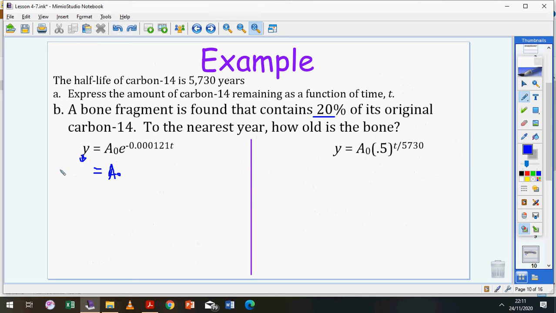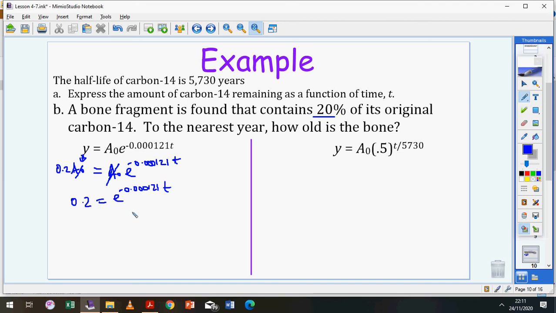So a naught e to the negative 0.123121 times t. The a naught cancels out, and I have 0.2 is equal to e to the power negative 0.123121 times t.